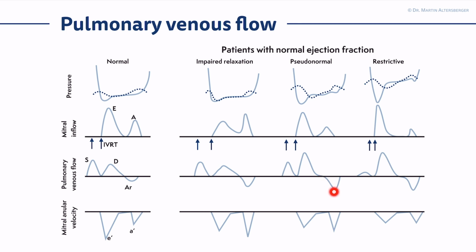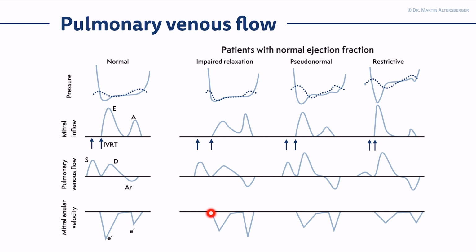The AR is also a good sign, so if you have a young healthy athlete, you do not want to see a prominent AR wave, but really just a small reversal flow, as you can see here. But the S and the D wave, as I said, in young, healthy, fit individuals can look a little bit different, in that the S wave is a little bit smaller than the D wave.